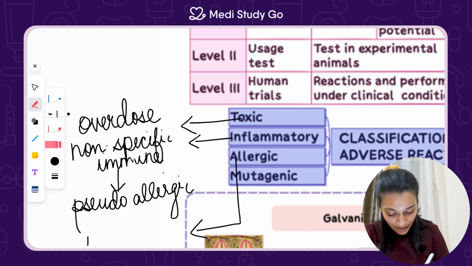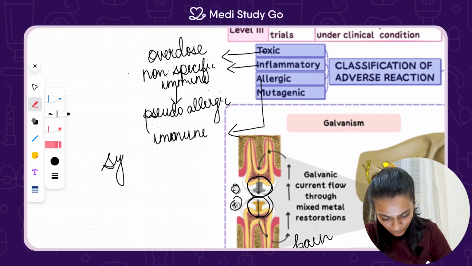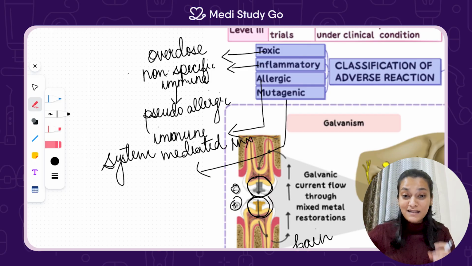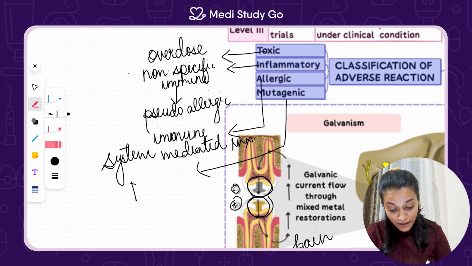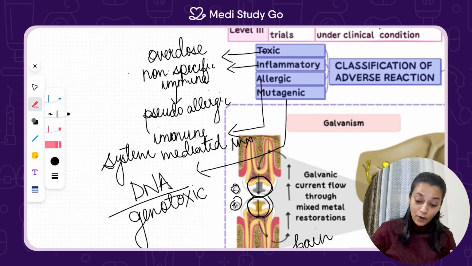Allergy, on the other hand, is immune system mediated reaction. And the last one, being mutagenic, means that this material actually has the tendency to cause change in DNA. So this can also be known as genotoxic reaction because it has the potential to act upon the gene.